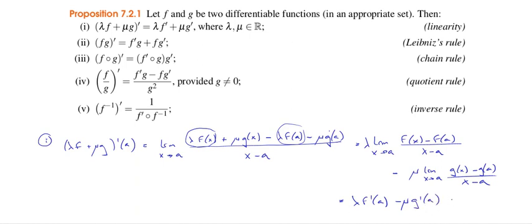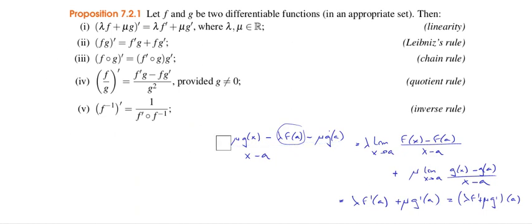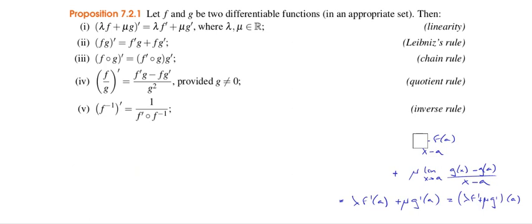So we can write it like this: lambda f prime at a plus mu g prime at a, okay? So the same thing.